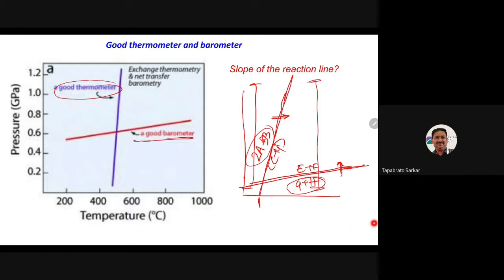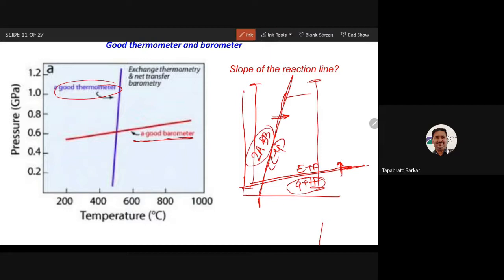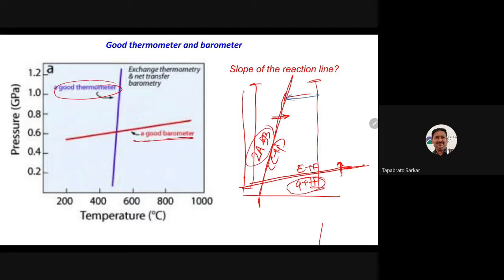Now this reaction out here, which has a steep slope, what should dP by dT be? It is high, right? Yes, sir. So del S by del V?